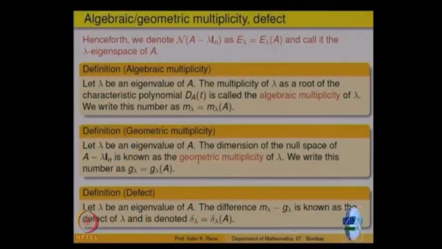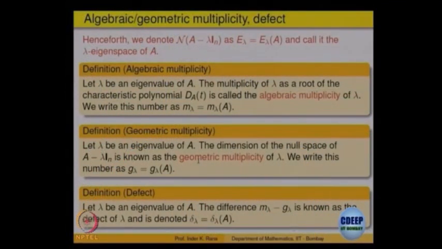If both are equal, then the matrix becomes diagonalizable, because for each eigenvalue you will have as many eigenvectors as the algebraic multiplicity. Put them together, and you have a linearly independent set of eigenvectors forming a basis. So, we can diagonalize that. This difference is what is normally called the defect, but that is not really important.